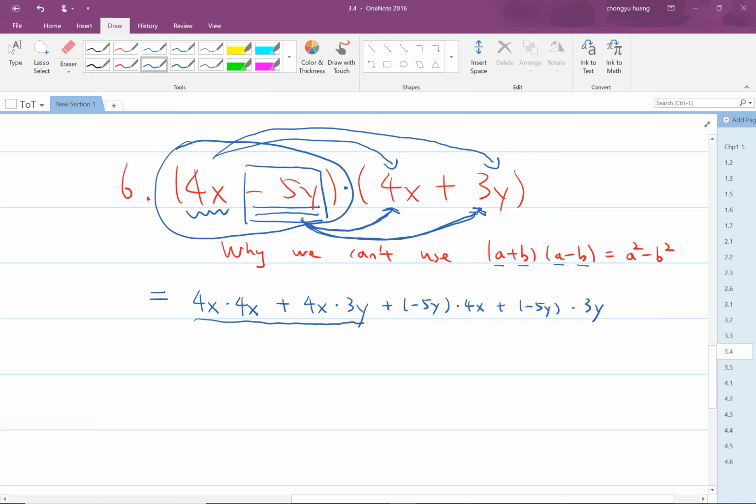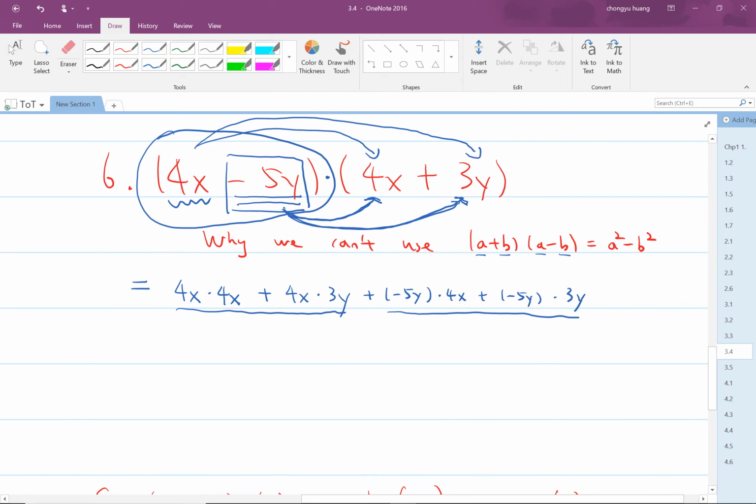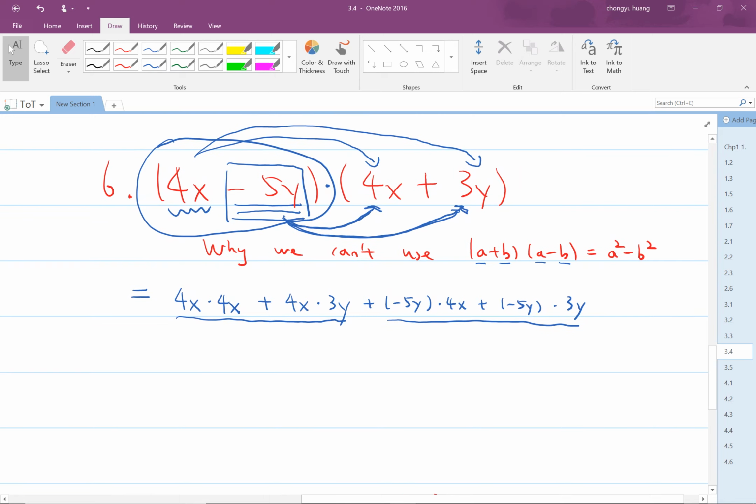So 4x multiplied by 4x plus 4x multiplied by 3y. And on the left hand side, we have another term, which is negative 5y. So we multiply it by 4x and by 3y: negative 5y multiplied by 4x, plus negative 5y multiplied by 3y. I mean, you guys understand it, right?